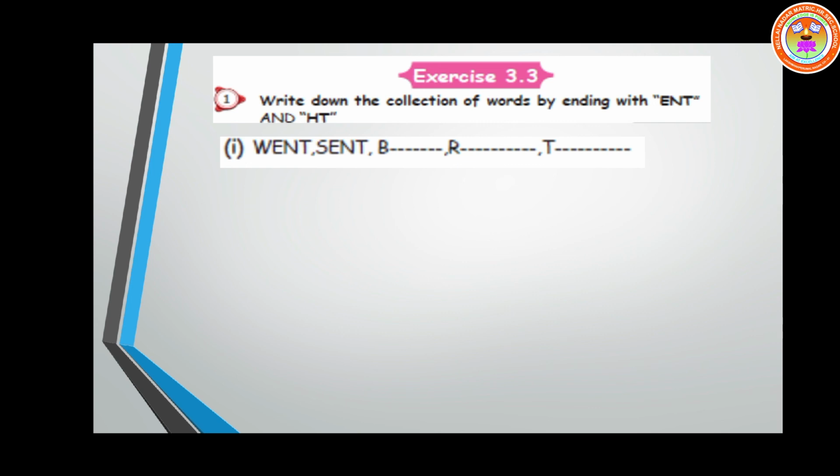For the third blank, B with a dash, I have to include ENT. B-E-N-T, bent. Second, R. With R, if I include ENT, R-E-N-T, rent. With T, if I include ENT, it becomes tent. So we have formed a collection of words using ENT.